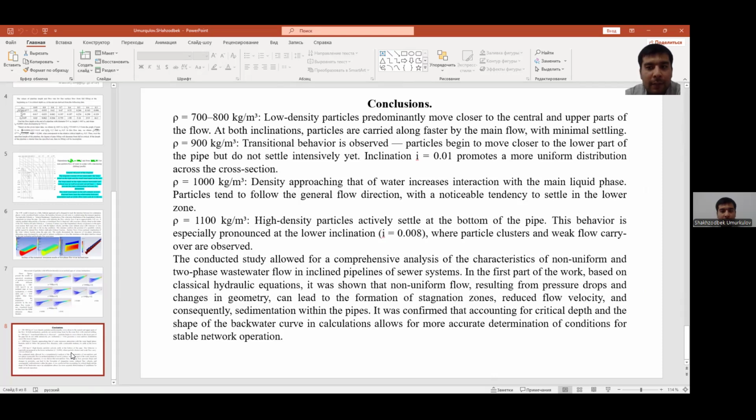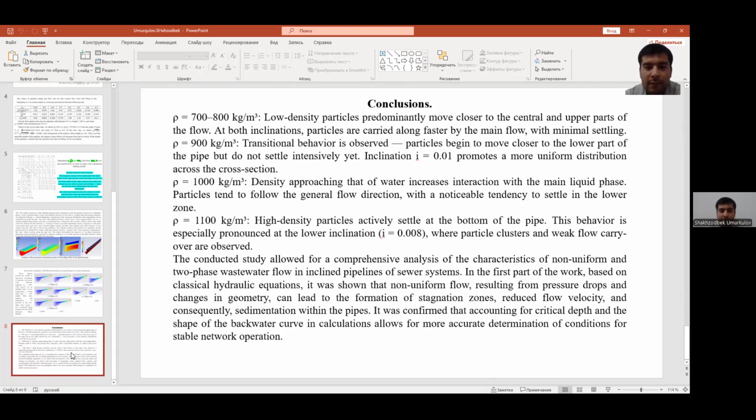And as the density is increased step by step, the high density particles, especially 1,100 kilogram per cubic meter particles, actively settle at the bottom of the pipe, and this behavior is especially pronounced at the lower inclination, where the slope is equal to 0.008, where particle clusters and weak flow carry-over were observed.